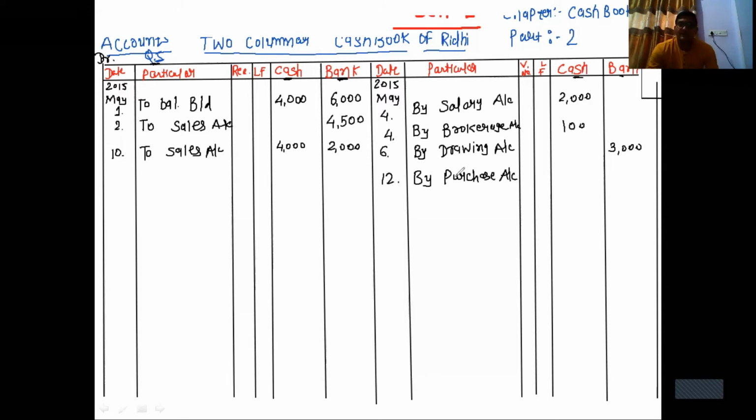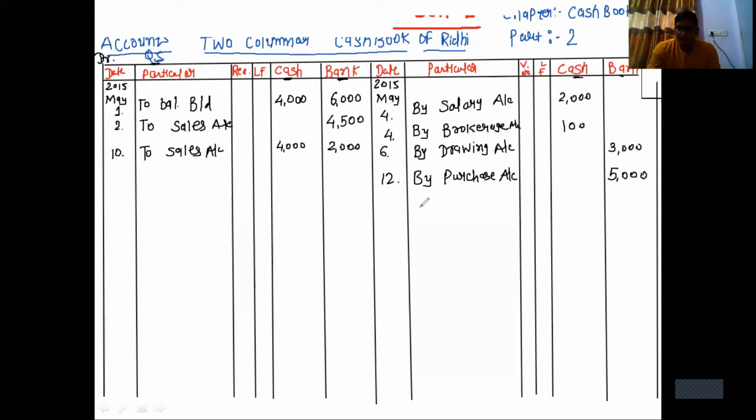On the 12th date we purchase the goods, so we write purchase. Amount is 5,000, but the amount is paid by check. Here we have paid by way of check, so it affects only the bank column, so we write 5,000 in the bank column. By purchase account, amount is 5,000, date is 12.